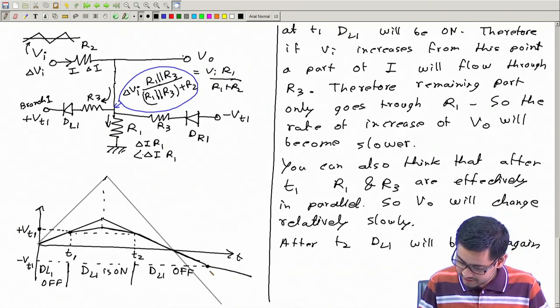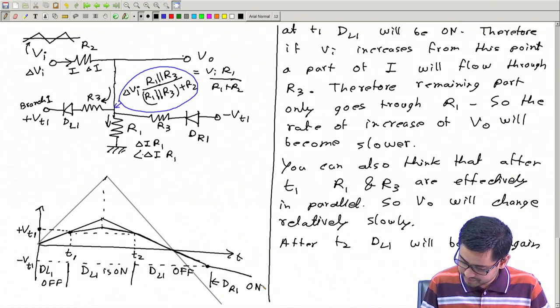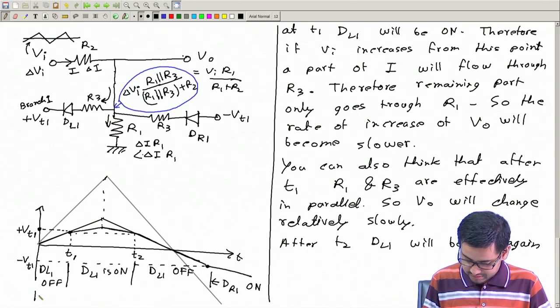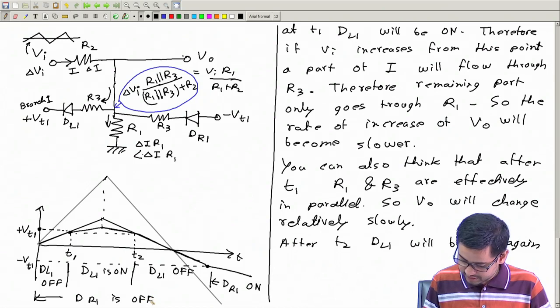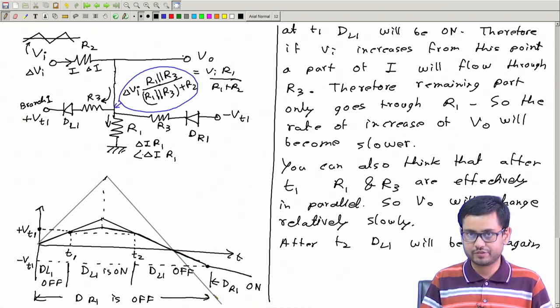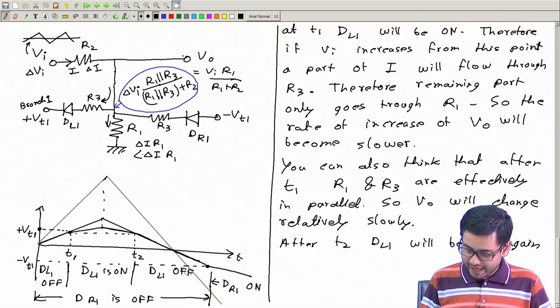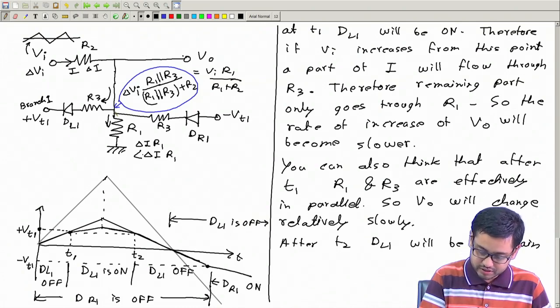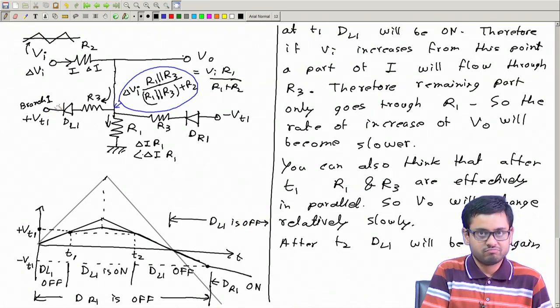So here DL1 is on and DR1 is off throughout in this positive half as well as in this part of the negative half, and in the negative half throughout DL1 is off, because this is negative, this is positive, so it is off.